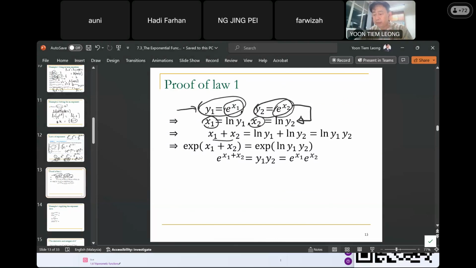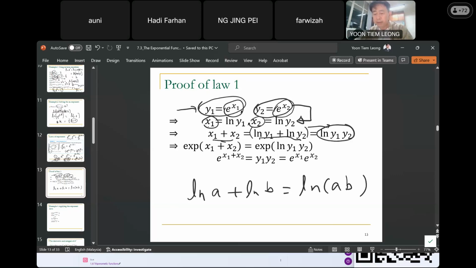So you add x1 and x2 together, and you end up with the sum of the logs of y1 and y2. Earlier this morning, we mentioned that the sum of two logarithmic terms is the same as the log of the product of the terms a and b. Therefore, from here to here, you are applying the property of the sum of two logarithmic functions.